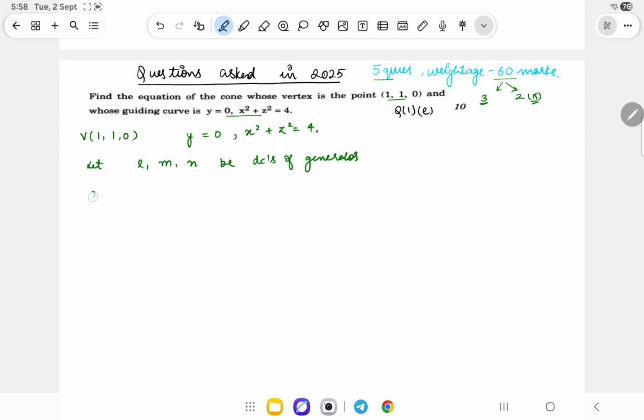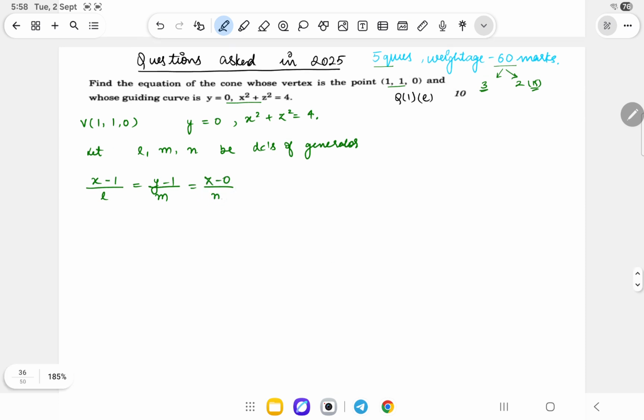If that's the case, then my equation of the generator would be (x minus 1)/L equals (y minus 1)/M equals (z minus 0)/N, because my generator will be passing via the vertex of the cone as well.